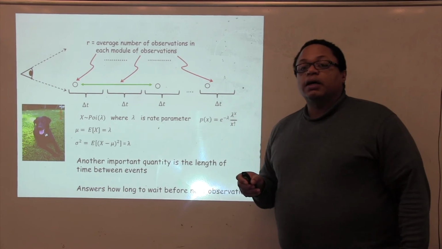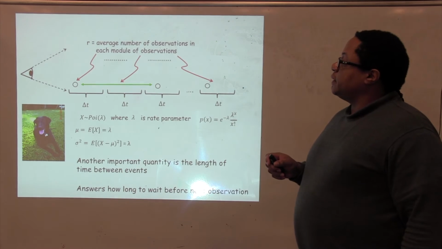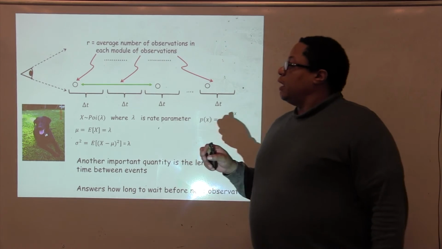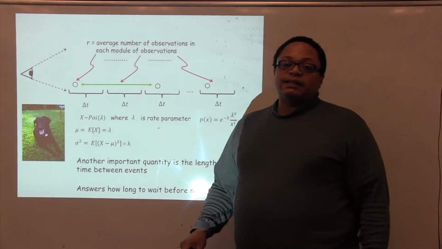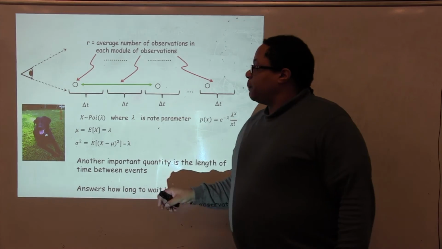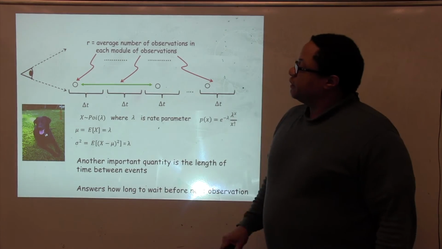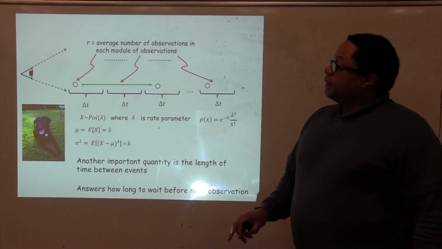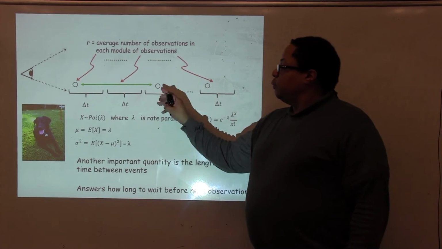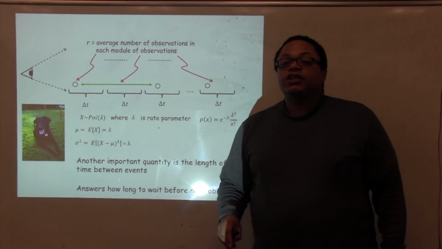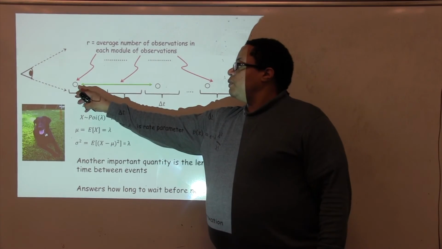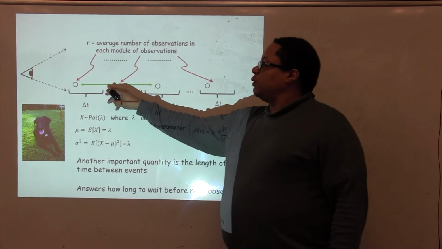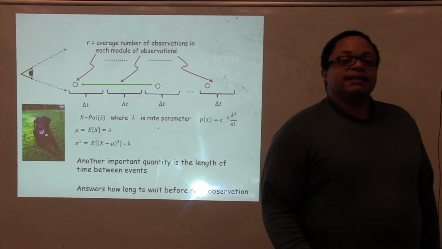But here we're talking about the time that has elapsed before we see the next event. For example, in this first module of observation delta t, we observe an event depicted by that circle, and then sometime later we see another event, and we want to know the time that's transpired, marked by this green arrow, until we observe the next event.